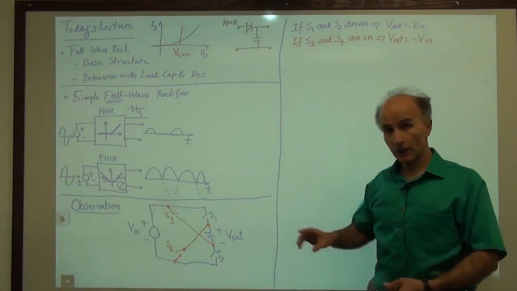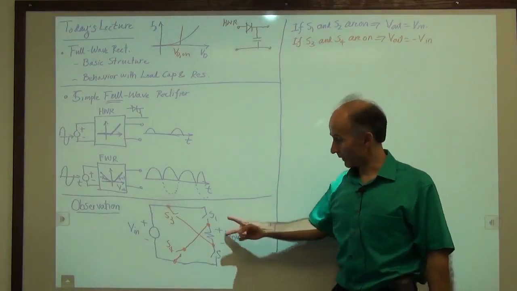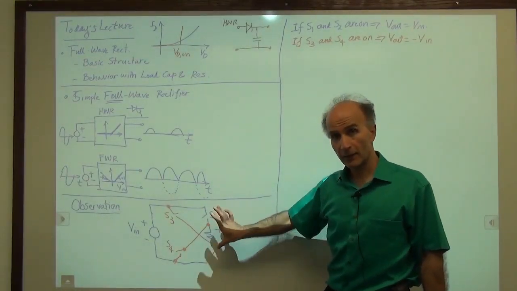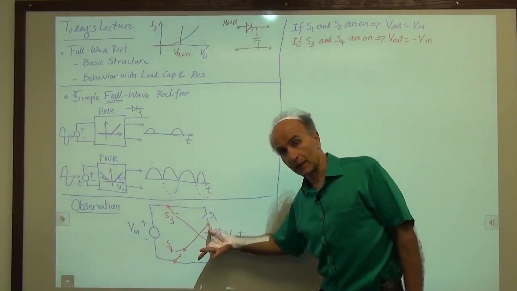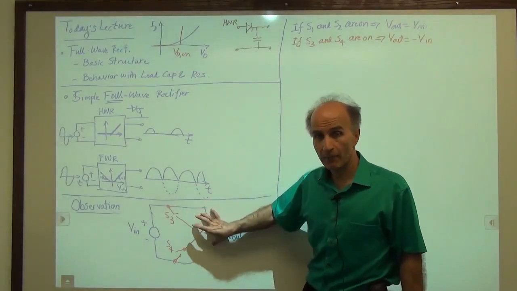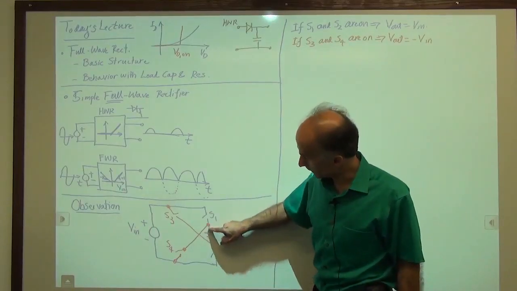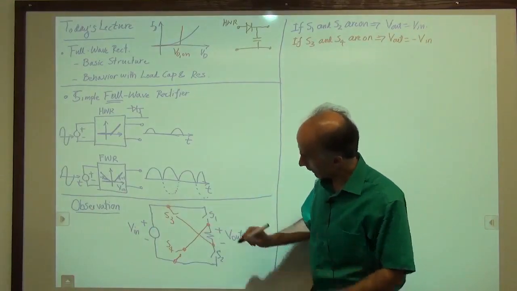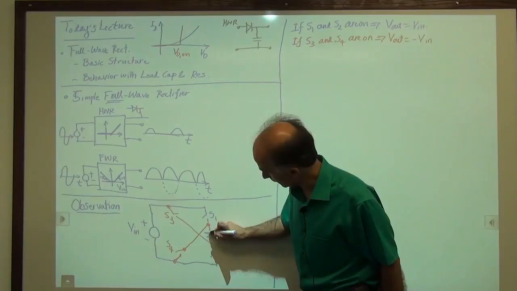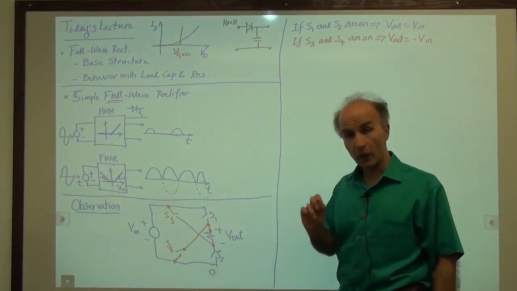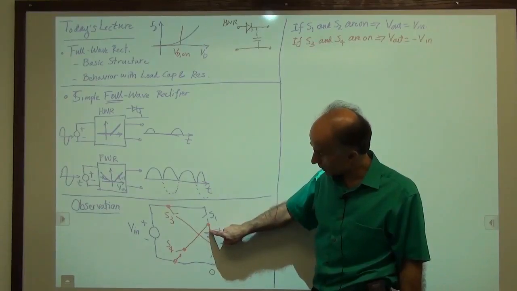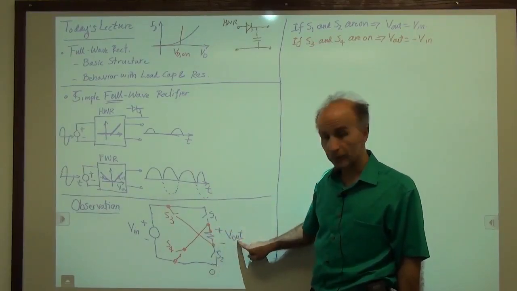In other words, what we are really doing by these four switches is that we have a resistor, and we connect the resistor like this to the voltage source, or we flip it and connect it like this to the voltage source. Always monitoring the voltage from this terminal. So maybe I'll just put a red mark here so that we differentiate between this terminal and the bottom terminal. So I always call this voltage with respect to this Vout.